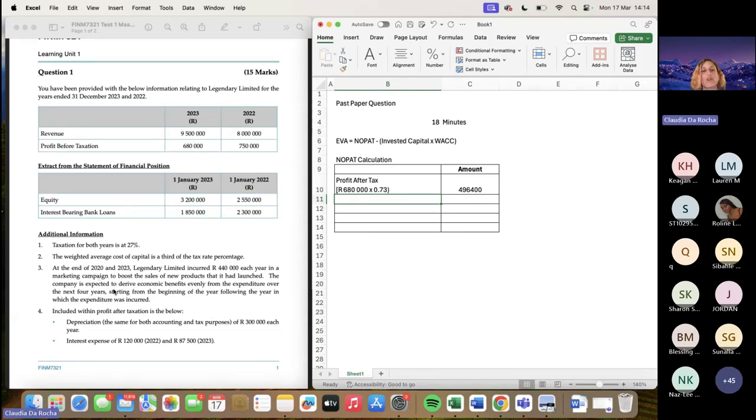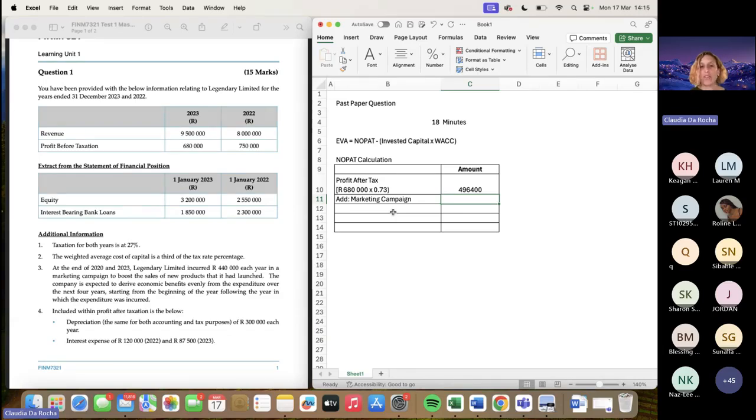Now I've got to go through all the different things that are happening in my additional information. So I'm going to tackle firstly the marketing campaign, because that's the first one. Your weighted cost of capital comes later when you do the formula. So when we come here, I need to add back the marketing campaign. Why? Because it's no longer an expense for financial management. It's been treated as an expense, I don't want it in there. I'm going to capitalize it now because it has economic benefits.